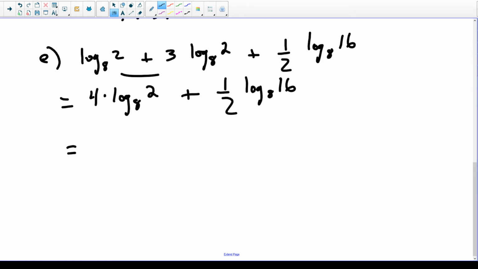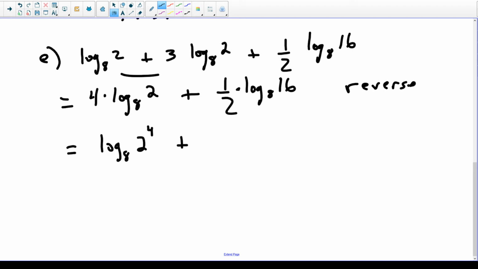Well, what do I do with this 4 in front? And this is, I think, the first time you're seeing this with me. We're going to do the reverse down in front rule, okay? We're actually going to move this 4 up to the power position over here. So we're going to get log base 8 of 2 to the 4 plus, and we're going to do the same thing with this 1/2. We're actually going to do the reverse. So I'm going to write that off to the side here.